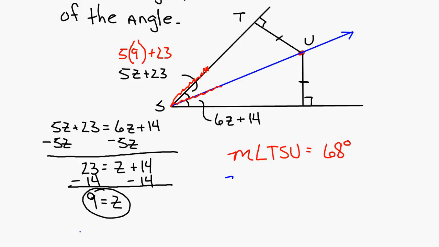What if they asked for the measure of angle, let's put a V right here, TSV? You would just times that by 2. Exactly. You would multiply the 68 by 2 because these two angles are equal to each other. So what's 68 times 2? 136. Very well done.